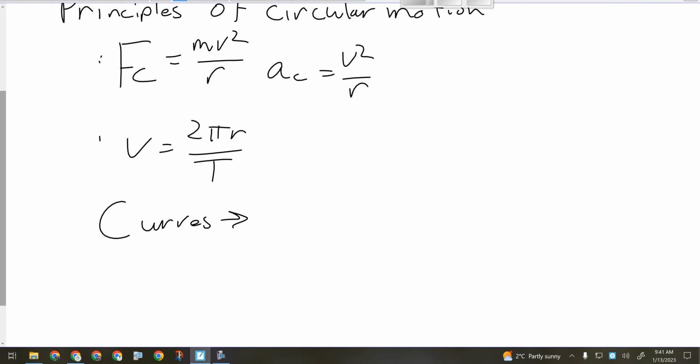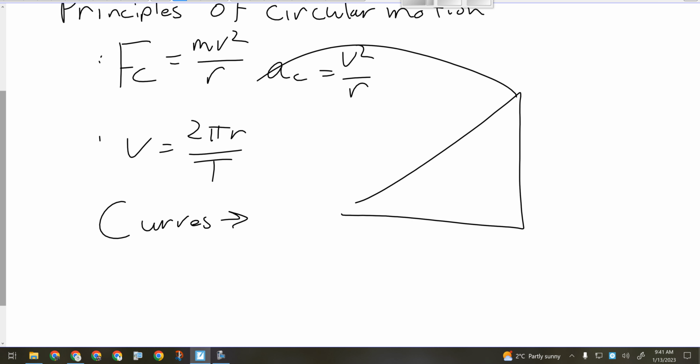So if this is my banked curve, we bank it so that the normal force will push out and we'll have a horizontal component that is acting towards the center of the circle. Okay? And then we'll also have a vertical component that will offset gravity and keep us from falling in. Okay, so definitely understand how the curves work.